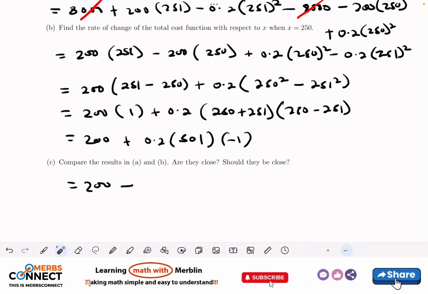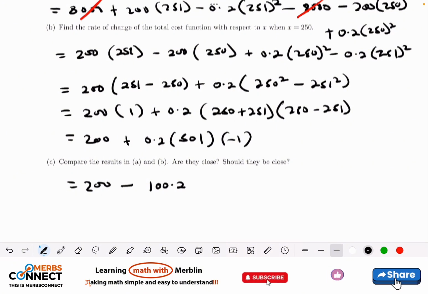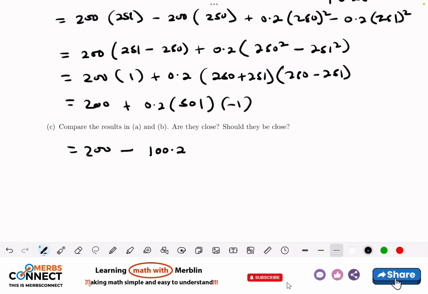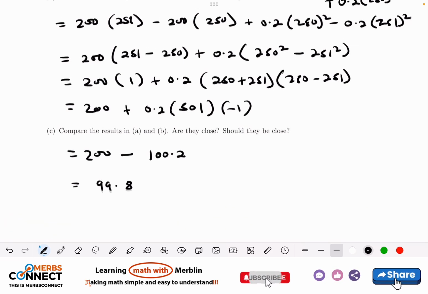Negative. Then 0.2 times 501 will give us 100.2. Yes, 100.2. So what you are going to get is something like 99.8. So this is what you are going to get.